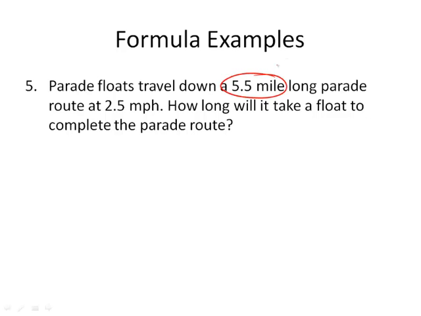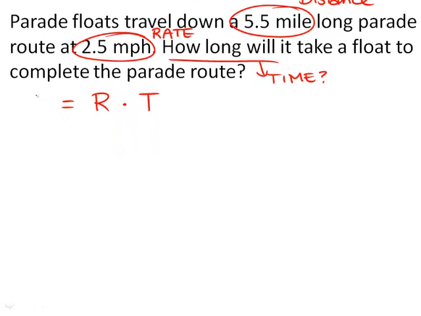They're giving us a distance and a rate, and they're asking us for the time. If you think back to the formulas that we looked at earlier in this lesson, you'll notice that there is a very common formula that tells us that a rate times a time gives us a distance.